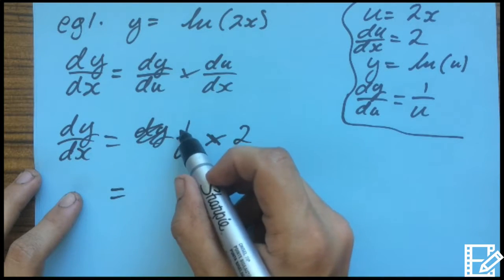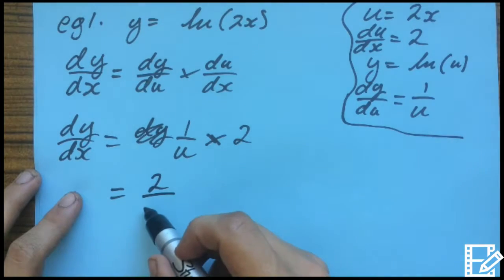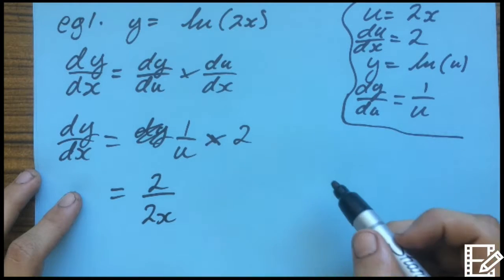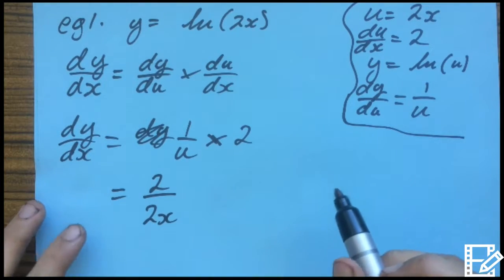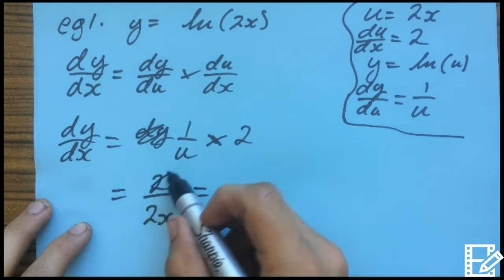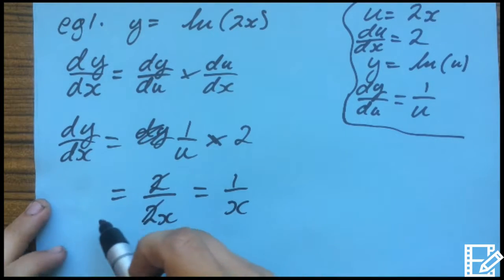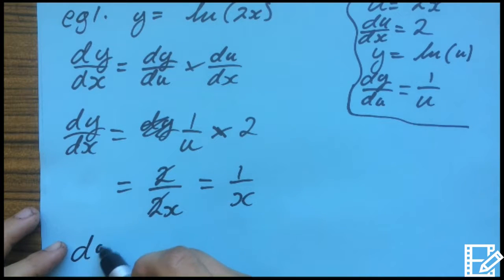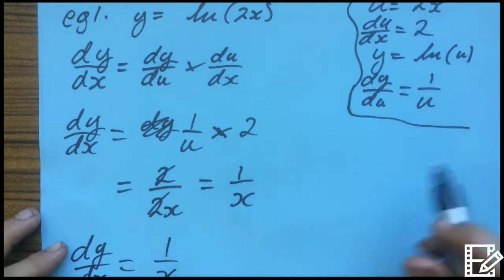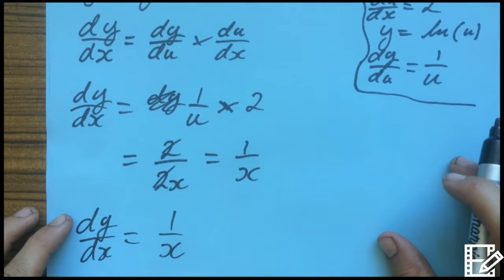Now if we bring the 2 on top because they're multiplying, and we sub in the u, what we get is 2x. So cancel out the 2's, and that equals 1 over x. So the first derivative of ln 2x is 1 over x.